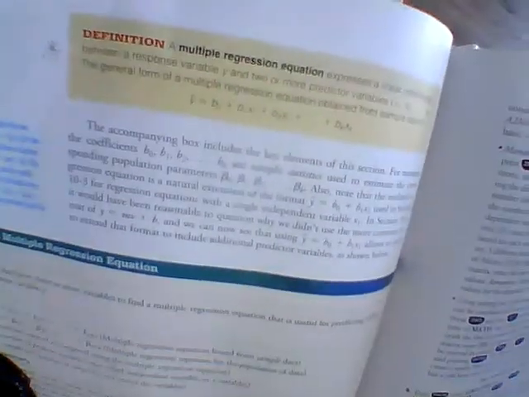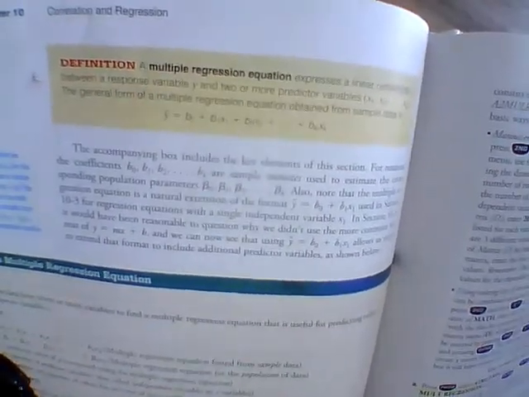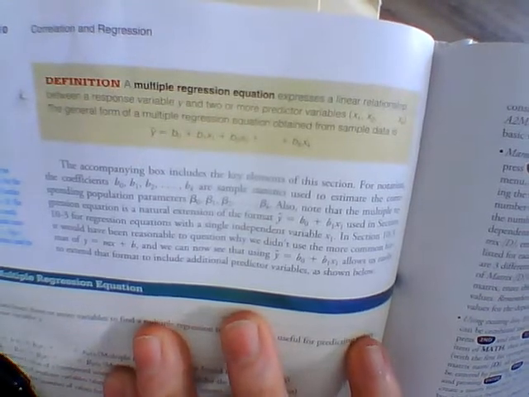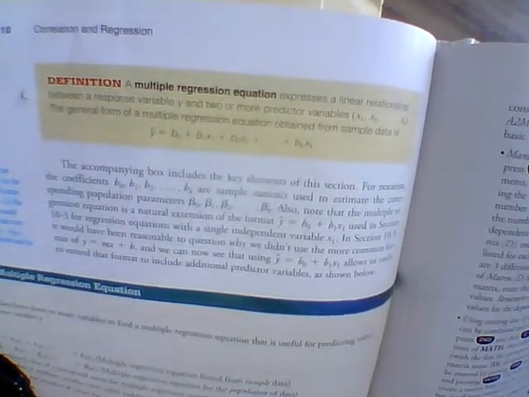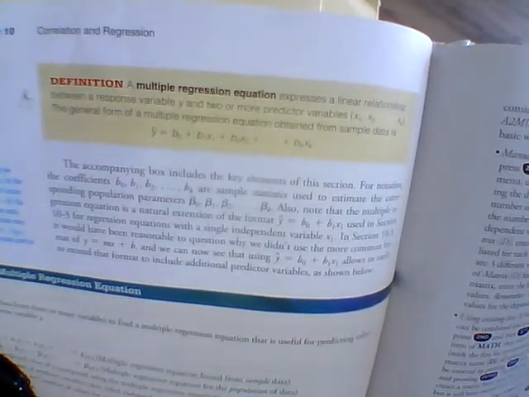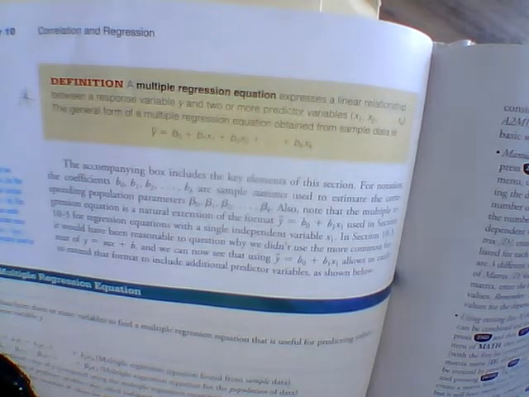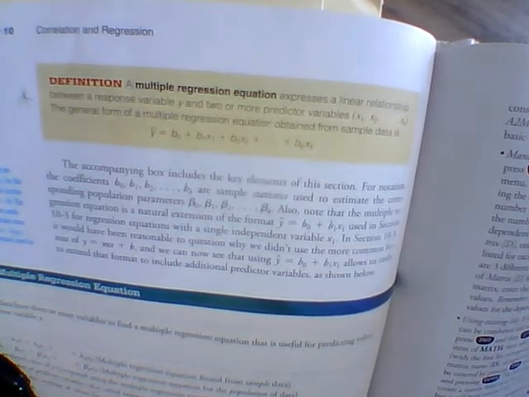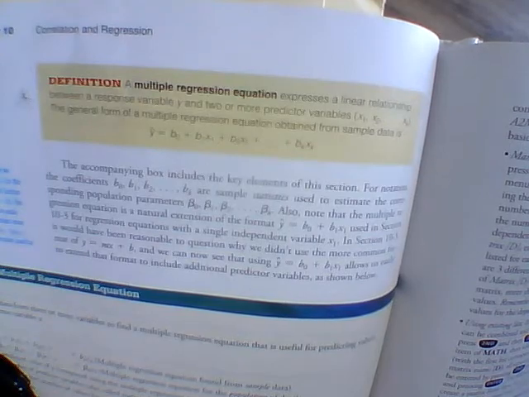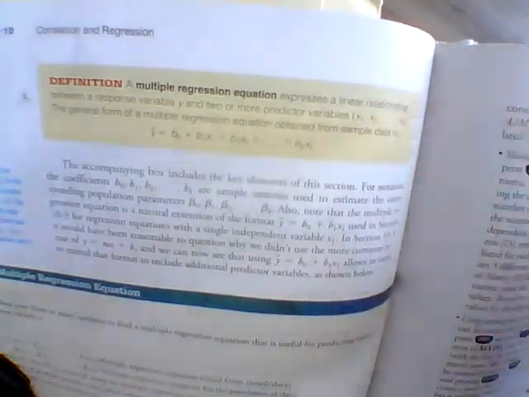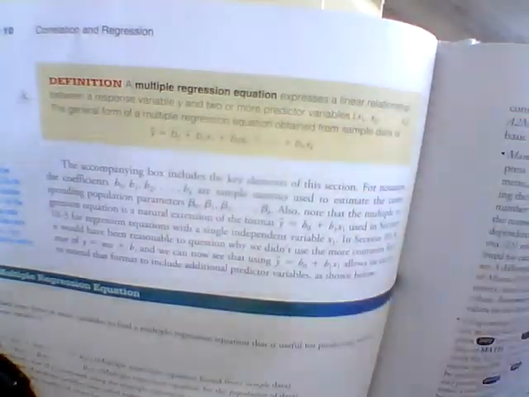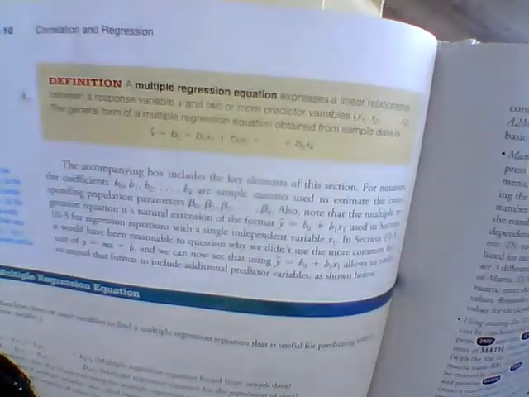When we start talking about a multiple regression line, we start talking about the simple fact that a multiple regression line is a linear relationship between the response variable y and two or more predictor variables, x1, x2, x3, and on and on.